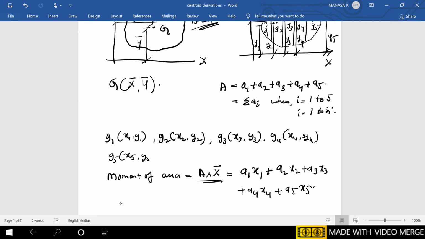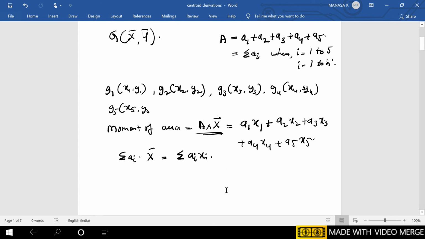It can be written as sigma Ai into x bar is equal to summation of Ai xi, correct? Or else I can find x bar as sigma Ai xi divided by sigma Ai, correct?